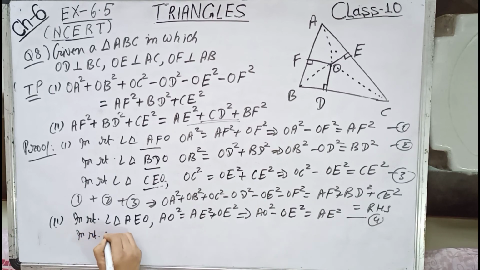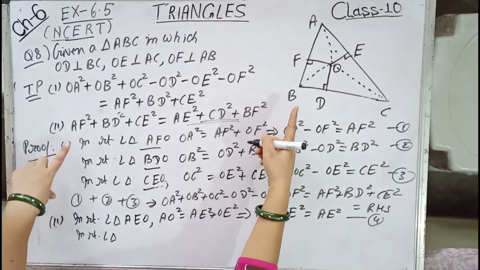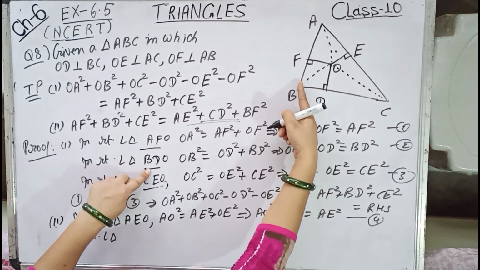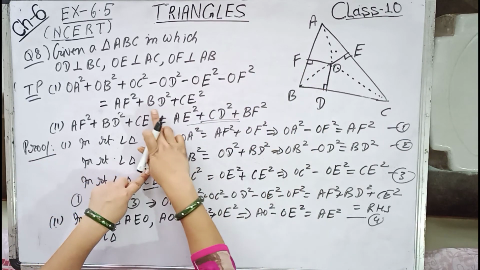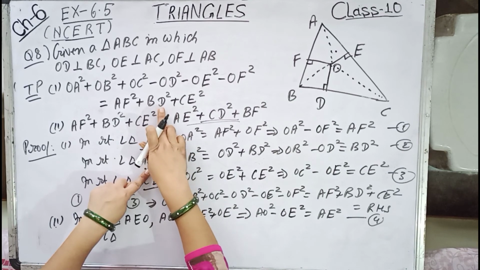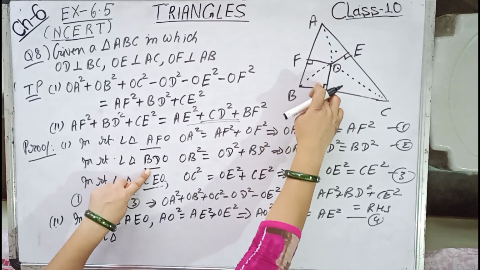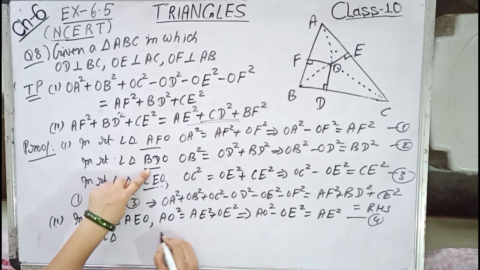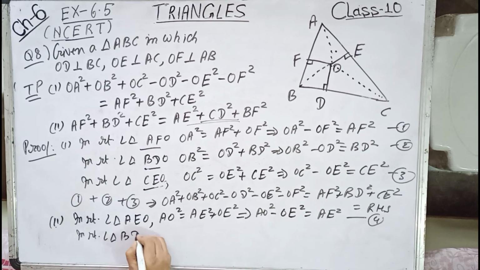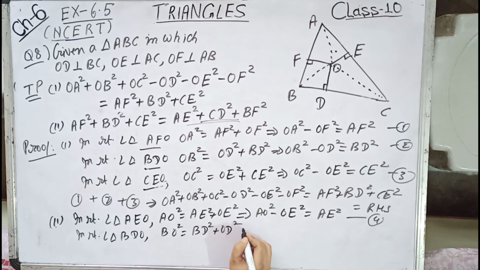In right angle triangle, now for BO, see what is on the right side. Right side is AF, BD and CE. So we will be using BD, this triangle we will be using. So in triangle BDO, BO square equals to BD square plus OD square.